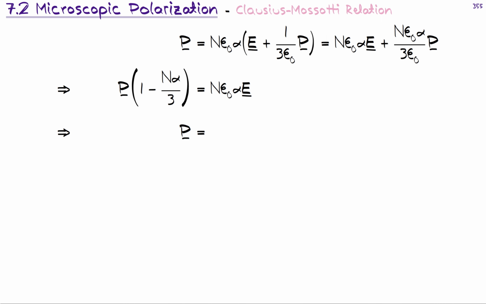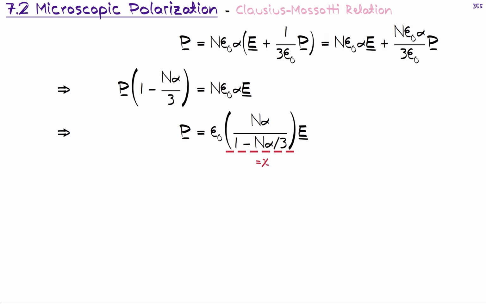And now we can divide by the term inside the parentheses to the right-hand side. So we are left with P being equal to vacuum permittivity times something inside the parentheses. And this is actually what defines the material susceptibility chi. So please remember the equation for capital P, the material polarization, as a function of chi.